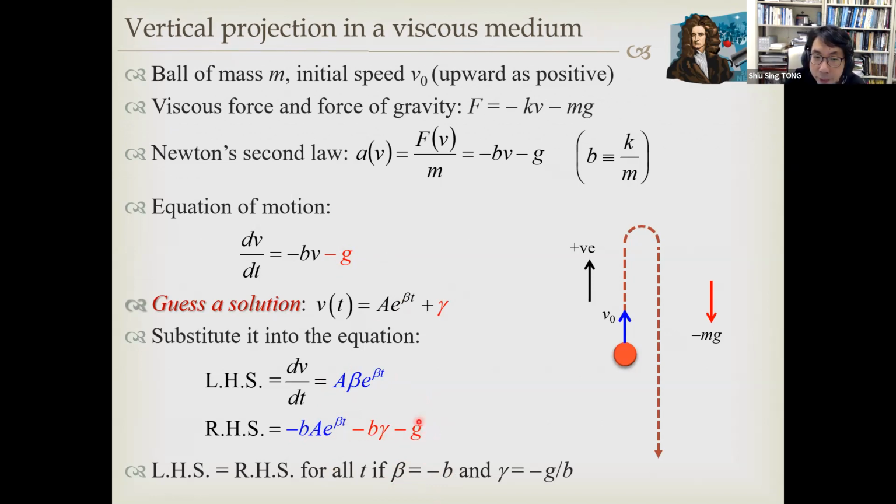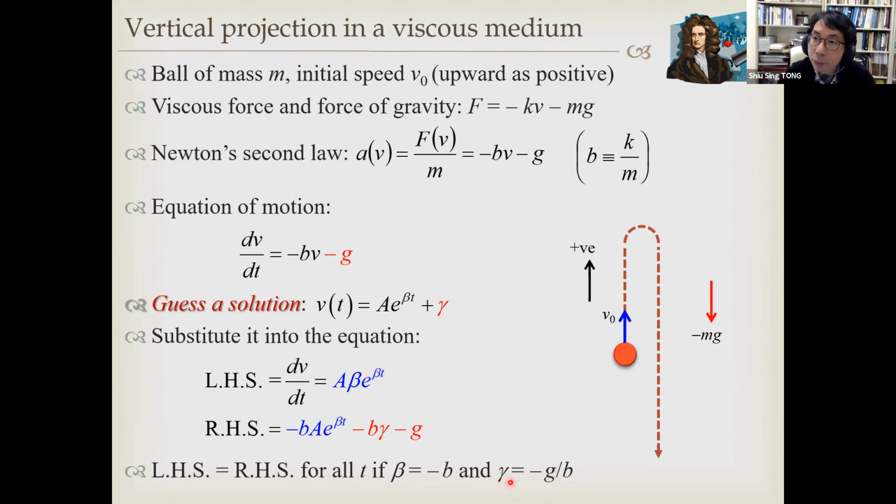But we can make them 0. If we choose gamma equal to minus g over b, then these two terms added together will be 0, and the equation will be satisfied for all time t. Both sides will be equal for all time t if we choose these two conditions.